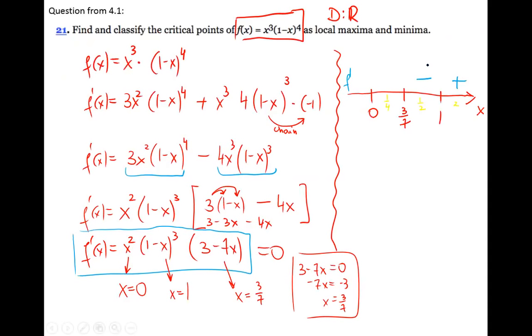This will give me negative. And if I substitute 1/4, positive, positive, and 7, because we have to change the sign, correct?